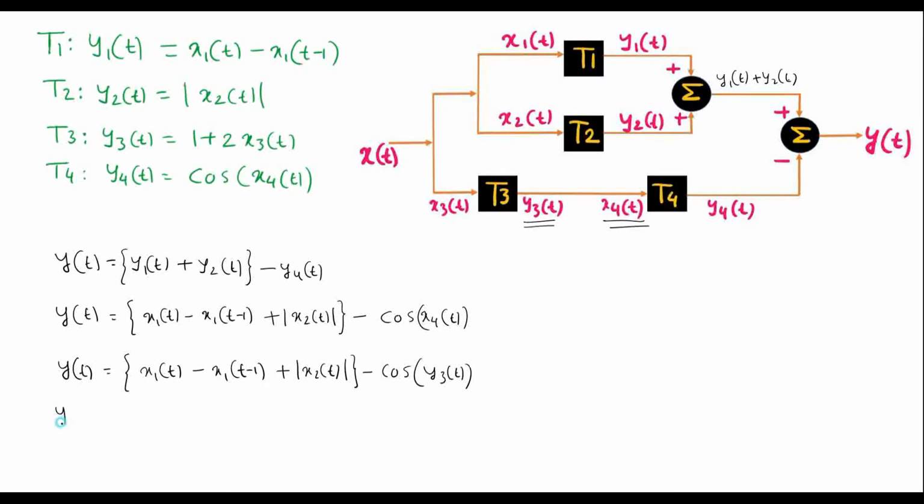Now further I can represent it as y of t is equal to x1 of t minus x1 of t minus 1 plus magnitude of x2 of t minus cos, here y3 of t is nothing but 1 plus 2 x3 of t.